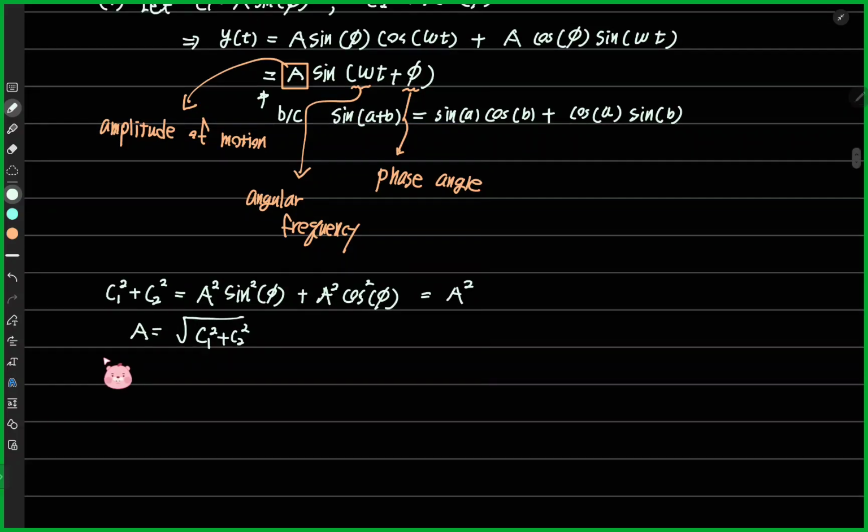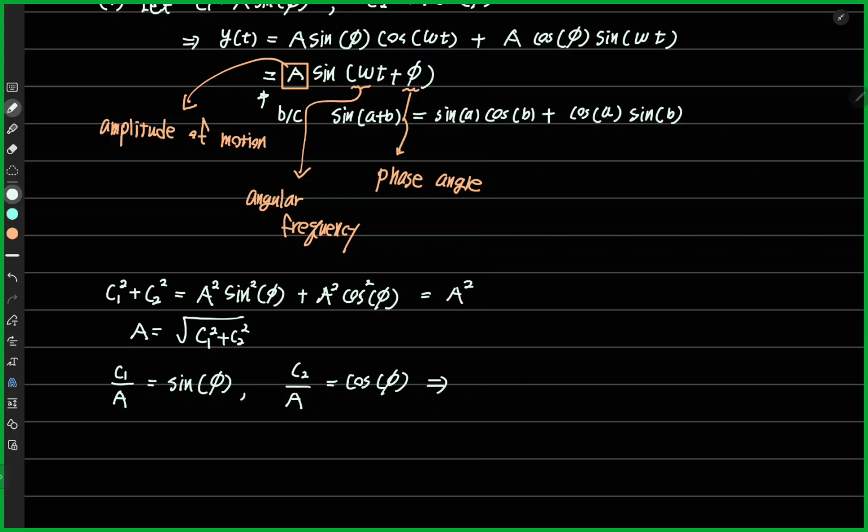Okay, and let's figure out phi, the phase angle. C1 over A is going to be sine phi, right? Because C1 is A times sine phi. And C2 over A is going to be cosine phi, right?